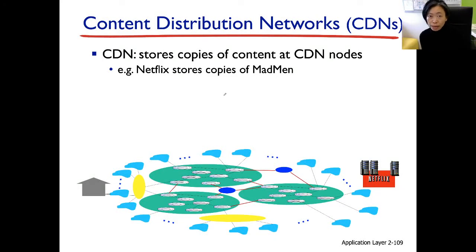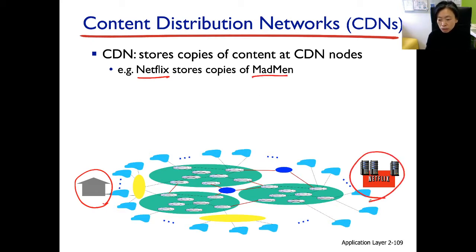And let me illustrate how the content consumer or the client, the content provider, the origin server, as well as the CDN, the one distributing the content, how the three components interact. I'm going to use Netflix as an example. So the client here will be retrieving a video, and the origin server here is the content provider, Netflix.